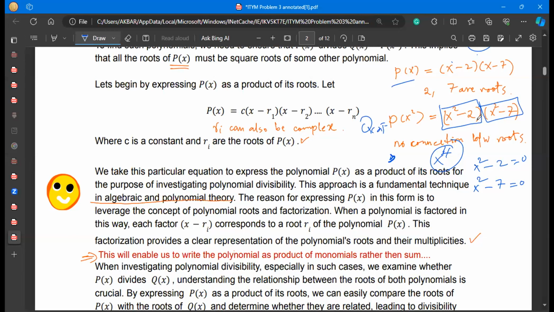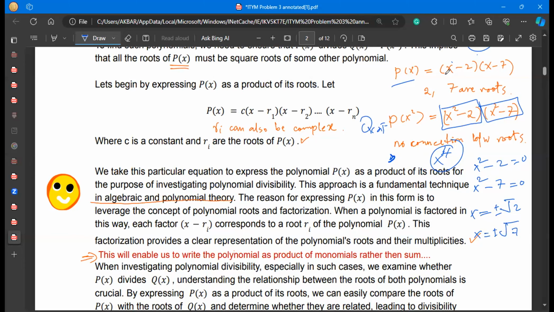Both can be 0, but one of them should be 0. So I take the first factor of this P of x square, which is Q of x, to be 0, and from here I get x should be square root of 2, of course plus minus, and x should be square root of 7. Both are irrational.